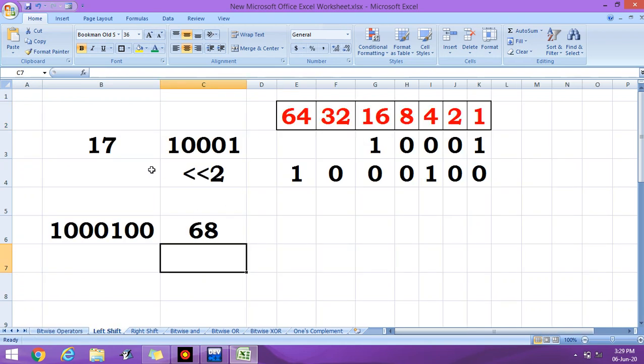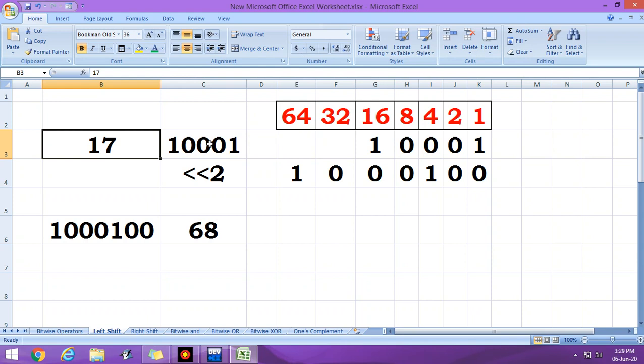What is the meaning of a basically left shift operator? Suppose one number is there. Suppose you are entering 17. First of all, you have to convert this number into binary. The system automatically converts the number when you apply left shift or any bitwise operator, any of these operators: left shift, right shift, bitwise AND, OR, XOR and one's complement.